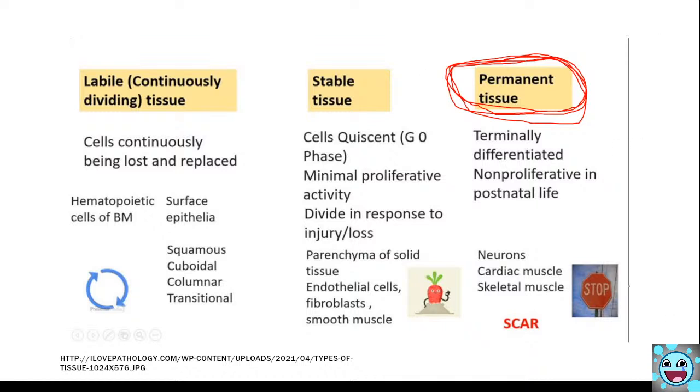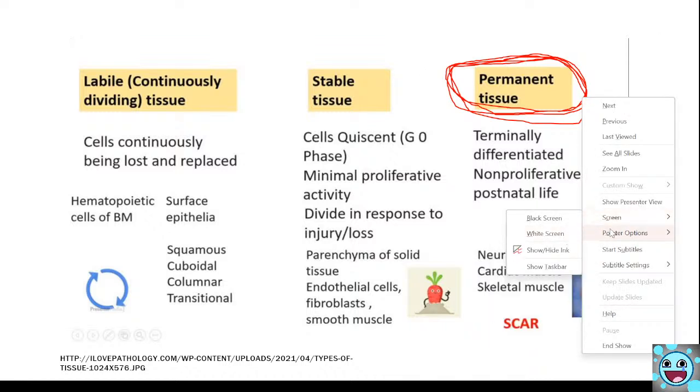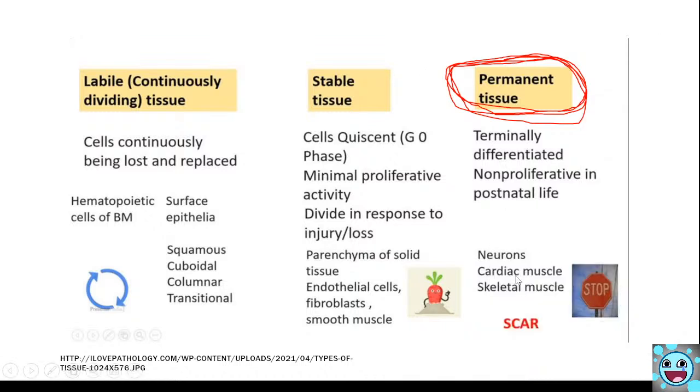For example, the nerve cells, and then the muscles of the heart, and also the skeletal muscles. Skeletal muscles do not divide. They only undergo hypertrophy. If something happens to these tissues, they will not regenerate into a functional tissue, but will become a scar.